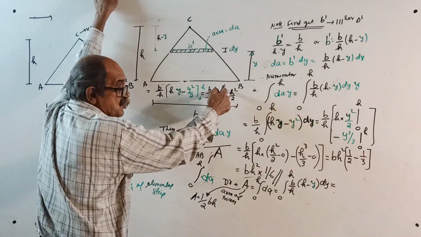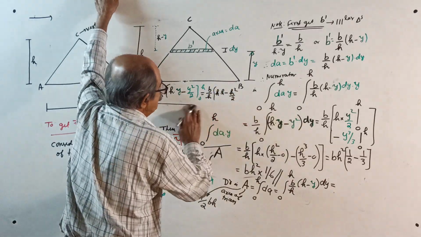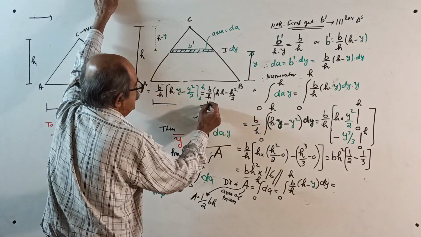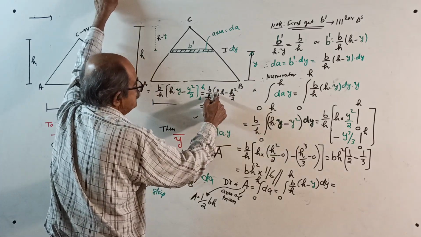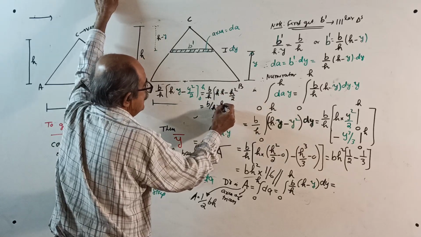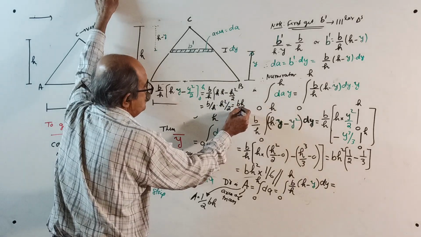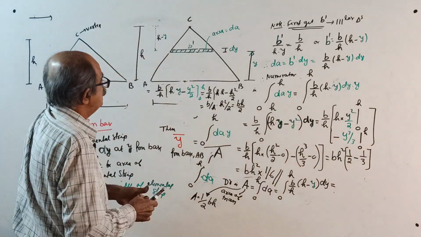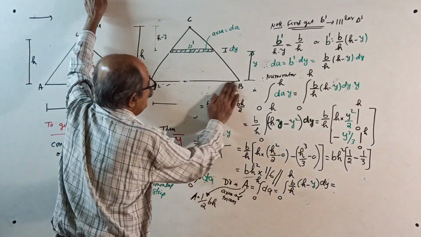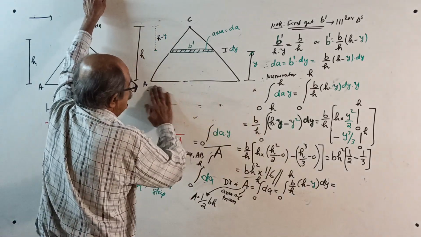H square minus h square by 2 is h square by 2, equal to bh by 2. Yes, bh by 2. But actually remember, not required, I just showed you.